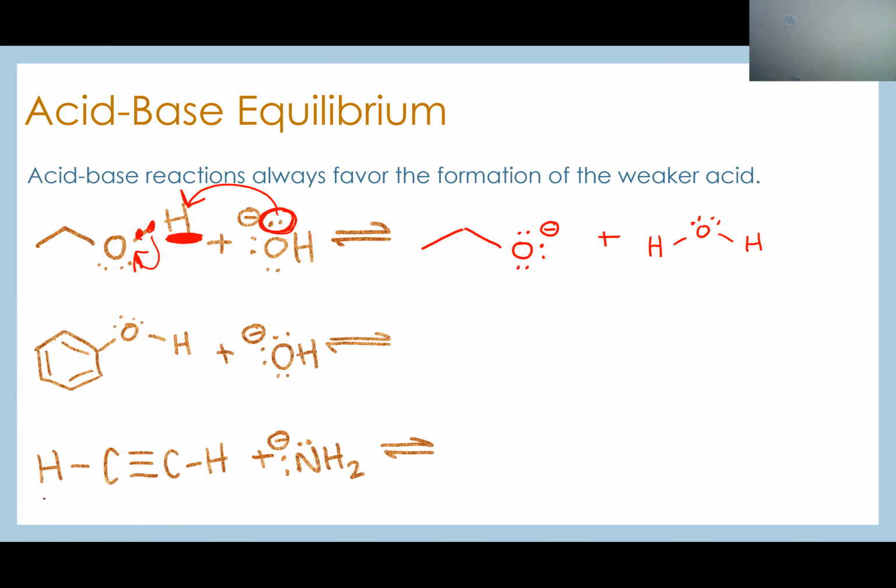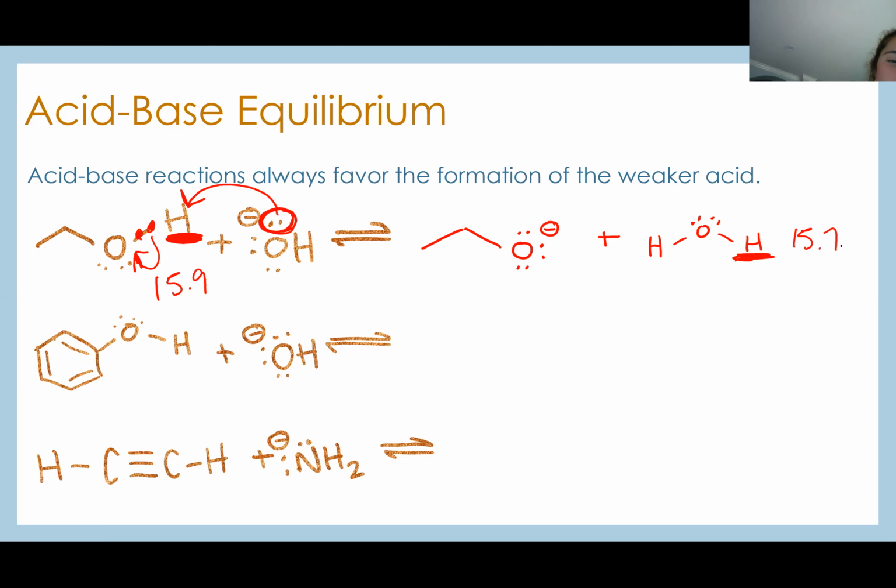No, it's 15.9. That's kind of a mean question to ask you guys since I just showed them to you a minute ago. What's the pKa of one of the protons on water? 15.7. Mm-hmm.